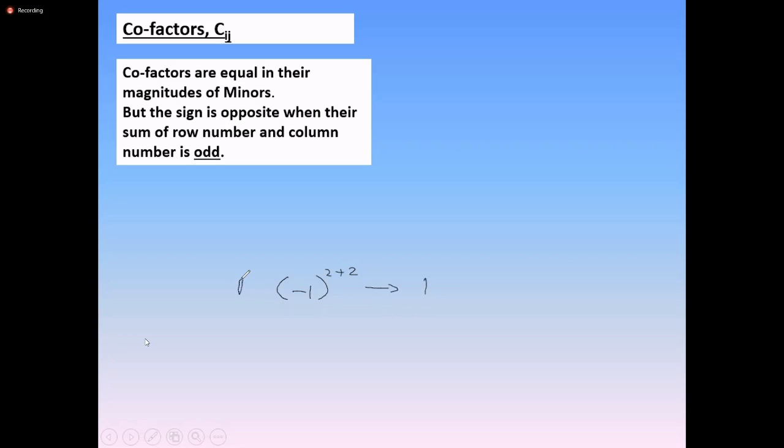So the minor value is multiplied by this value. Then M11 multiplied by 1, also M22, here M22 multiplied by 1.